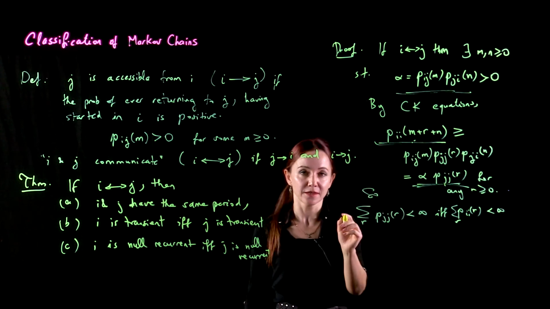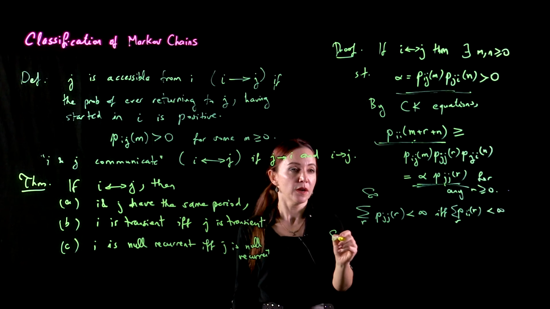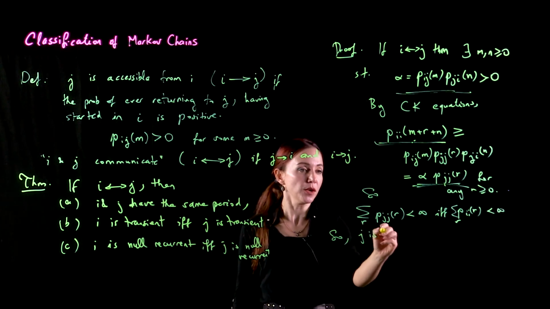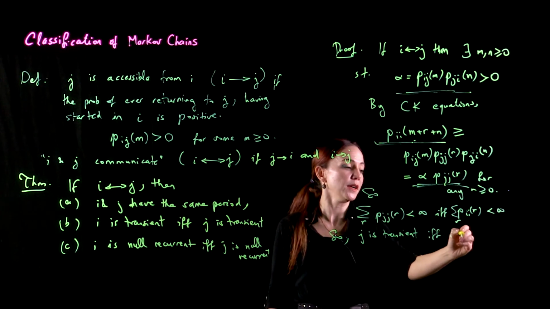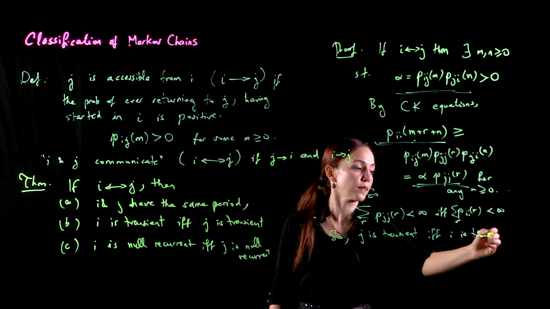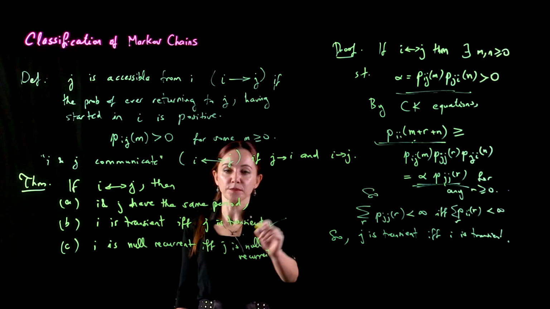This means by the lemma we saw earlier, J is transient if and only if I is transient. So that's the proof of this part.